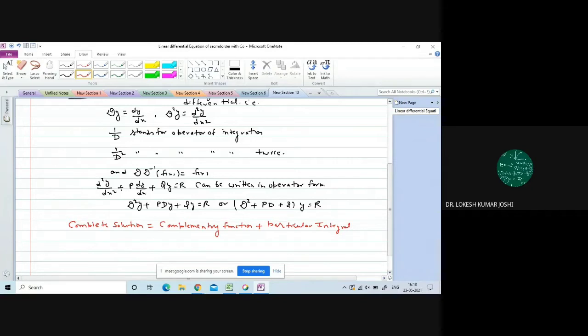Now, I will discuss with you what is the meaning of complementary function and what is the meaning of particular integral. We take an example of linear differential equation of first order.